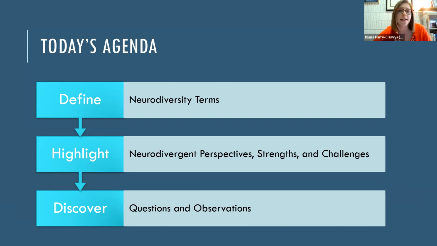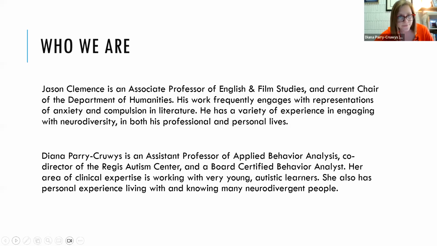The focus is on defining neurodiversity terms, talking about neurodivergent perspectives, strengths, challenges, and then leaving some time at the end to get feedback from y'all on what questions or observations you may have, which can help us identify what this group wants to discuss and plan for the lunch and learns in the future, so we cover the topics that you want to hear about. So that's the plan for today.